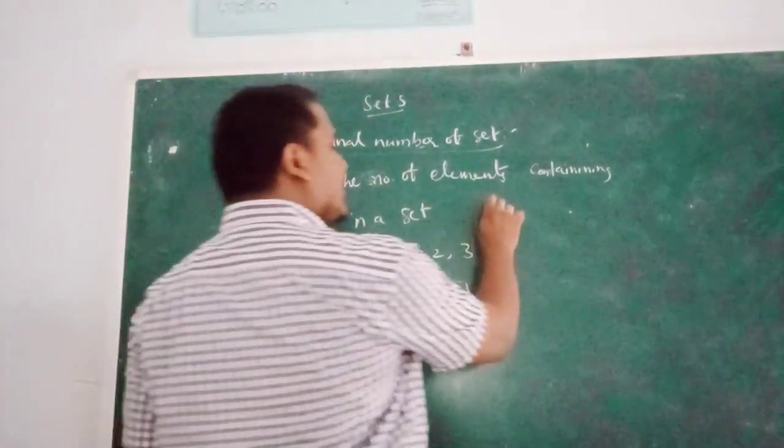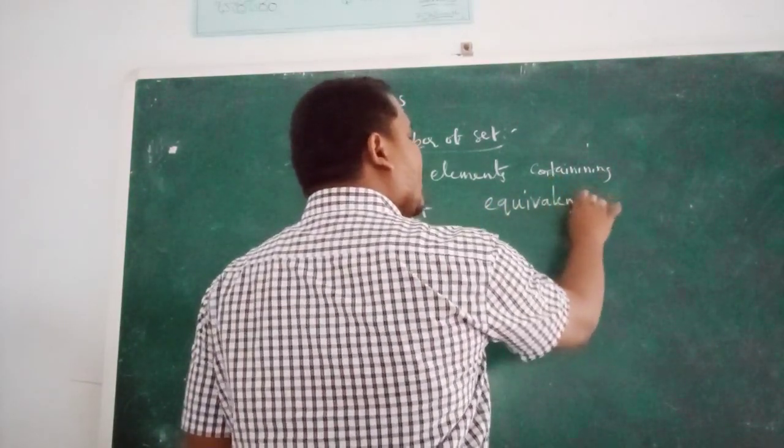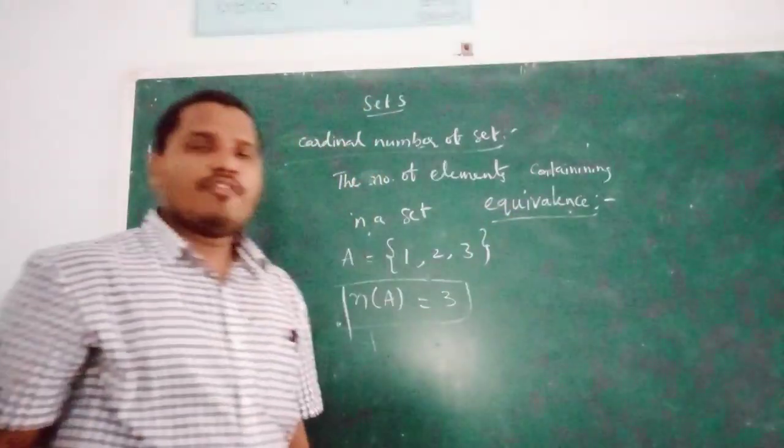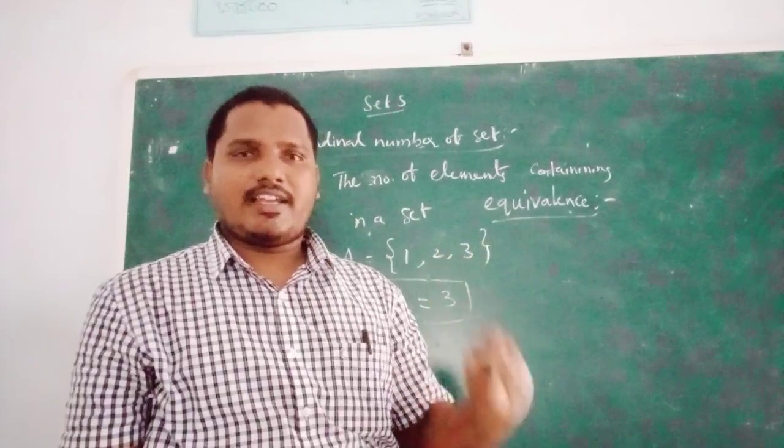Then what is an equivalence set? If two sets have the same cardinal number, then they are called equivalence sets.